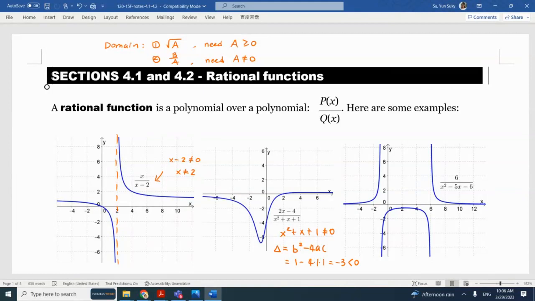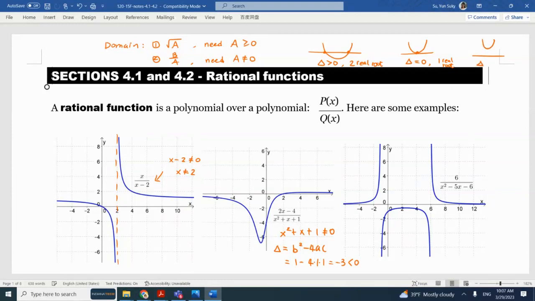What does that mean? If the discriminant is positive, that means we have 2 real roots. So the parabola intersects the x-axis at 2 points, right? We have 2 x-intercepts. And if the discriminant is 0, then we have 1 real root, so the parabola touches the x-axis.